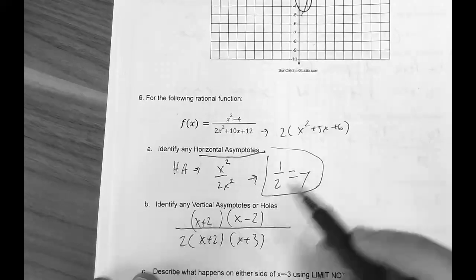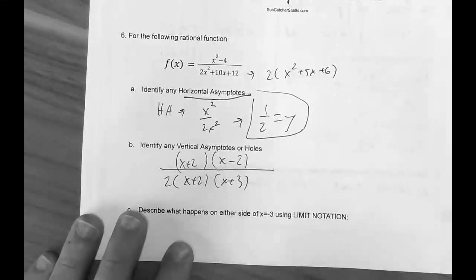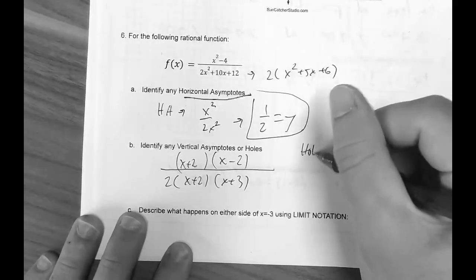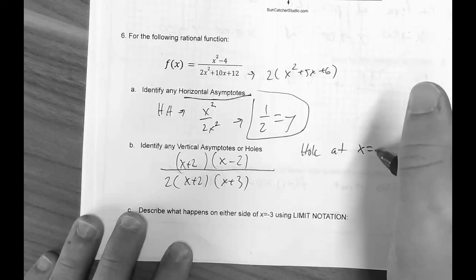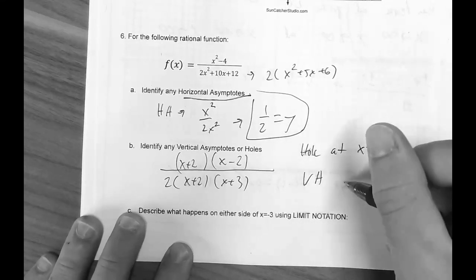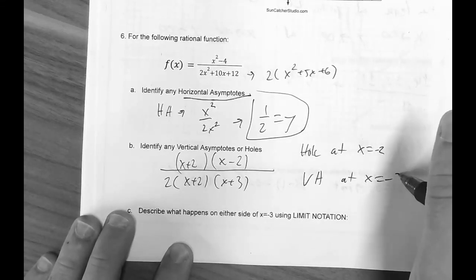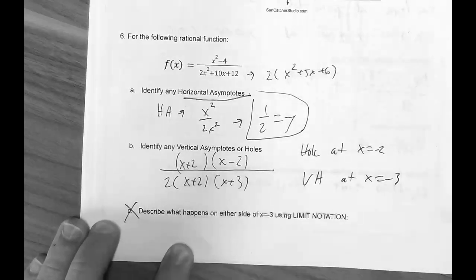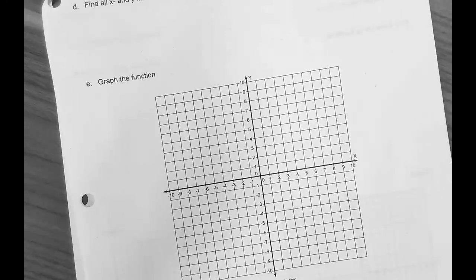So because x plus 2 is appearing twice here, there's going to be a hole at x equals -2, and then we're going to have a vertical asymptote at x equals -3. Do not worry about part C right now. Okay. D. Find all x and y intercepts, if any.